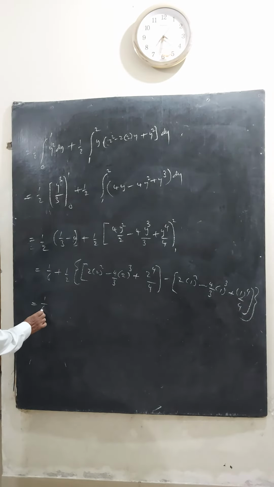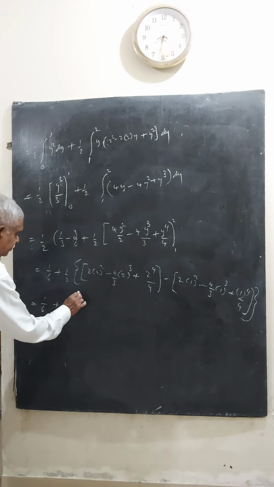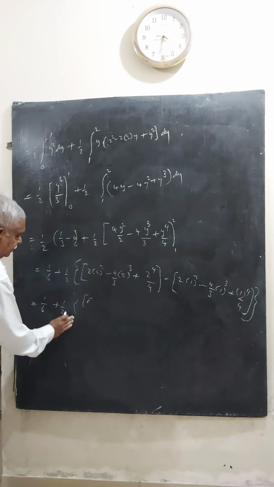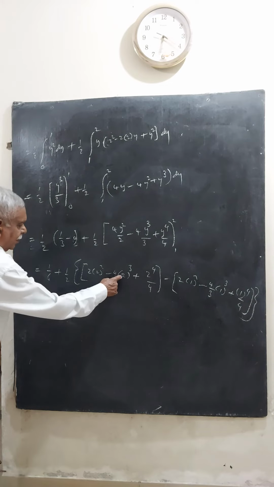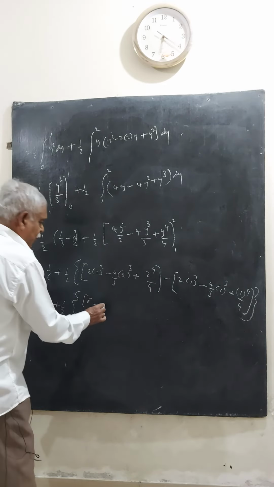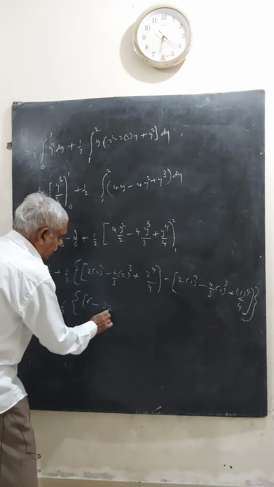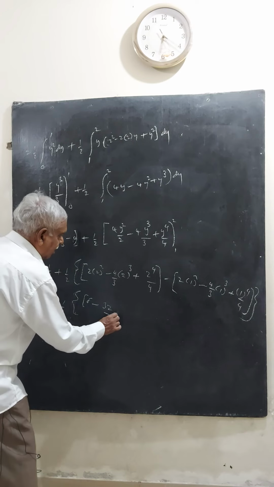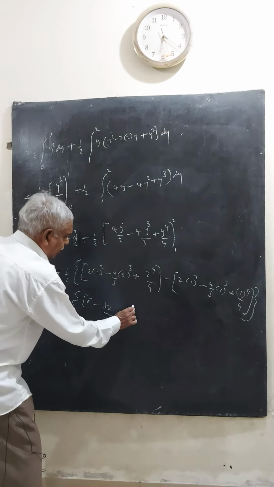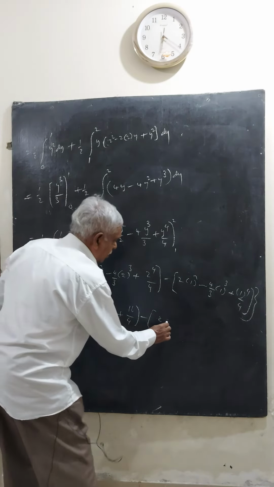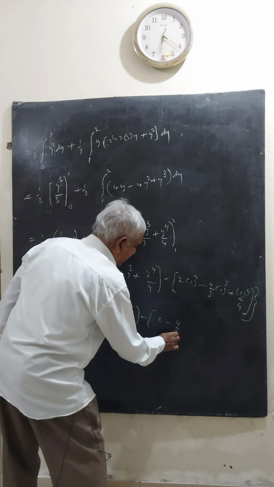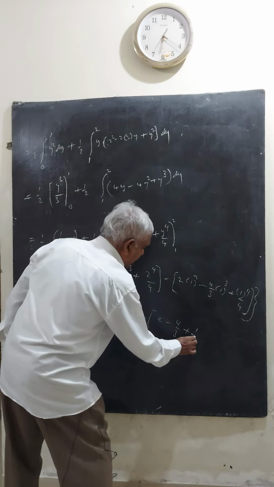Equal to 1 by 6 plus 1 by 2, 2 squared is 4 into 8, minus 2 cubed is 8, 8 into 4, 32 by 3, plus 2 power 4 is 16 by 4, minus 2, minus 4 by 3 plus 1 by 4.